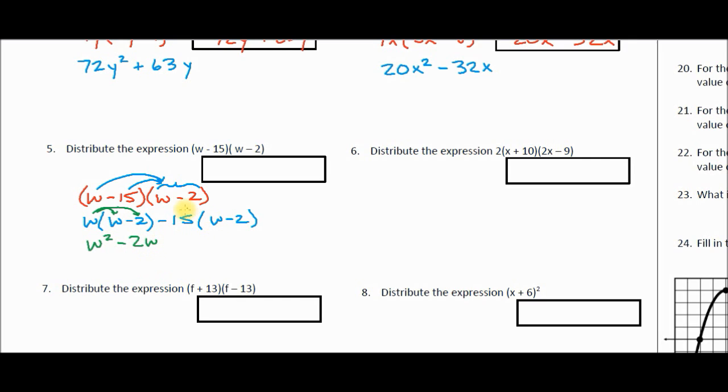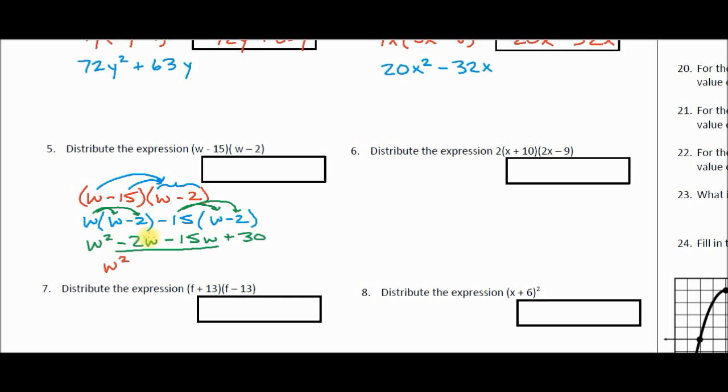Now we multiply the negative 15 times w, that's negative 15w, and the negative 15 times the negative 2 is positive 30. And now we can go ahead and combine those two middle terms together and simplify this, and we will get w squared, negative 2w minus 15w.